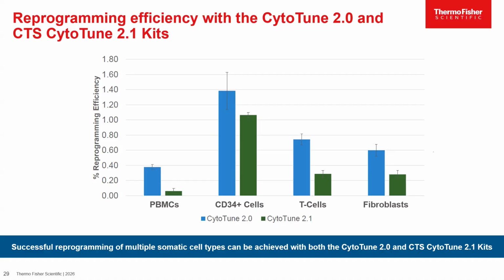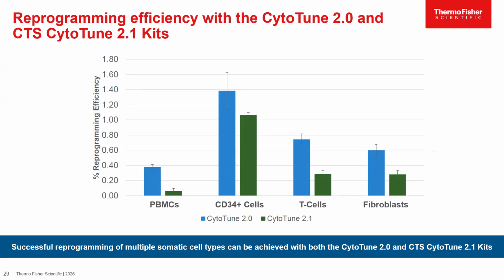And because of subsequent work, we know that we want to work with clonal as opposed to heterogeneous populations of cells. So having a slightly reduced reprogramming efficiency isn't always bad, because you don't necessarily want every single cell to reprogram. You want the more competent cells, the healthier ones, that end up making this, and you want to even screen them afterwards too. So just something to keep in mind.